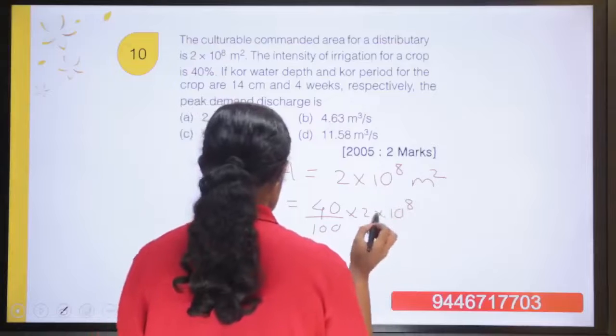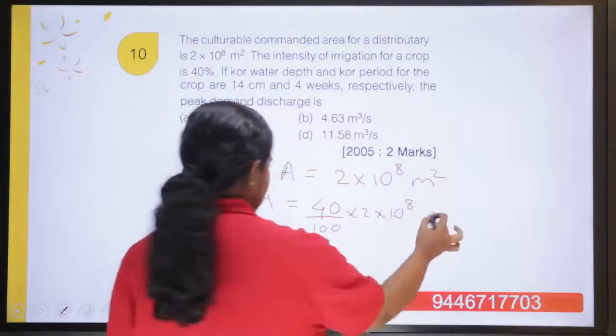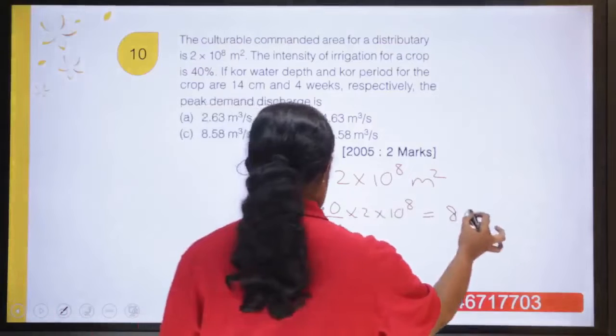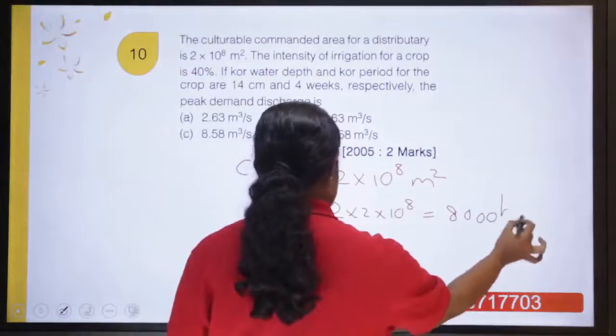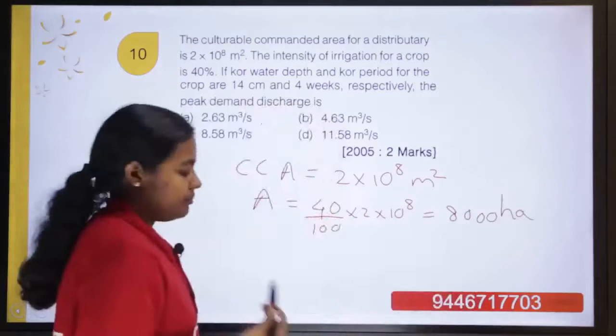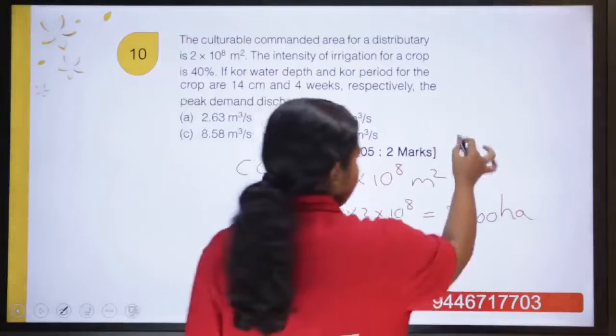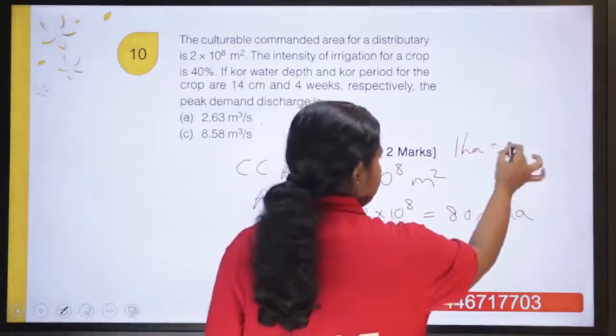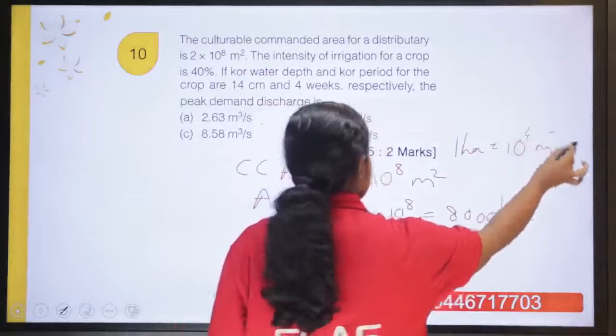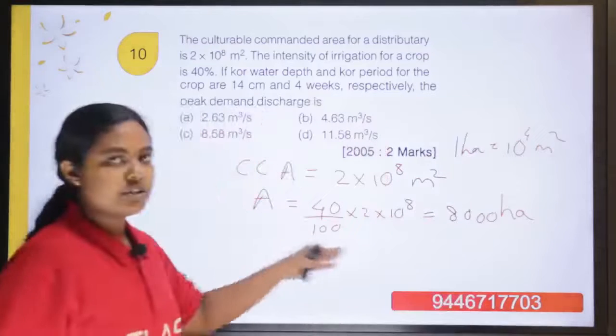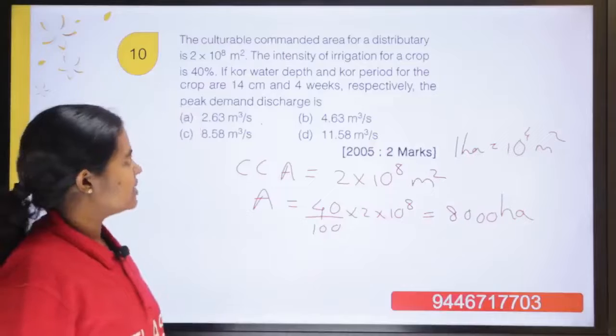This will come out to be 8,000 hectares. The conversion is 1 hectare equals 10 power 4 meter square. By converting into hectares, it will be 8,000 hectares.